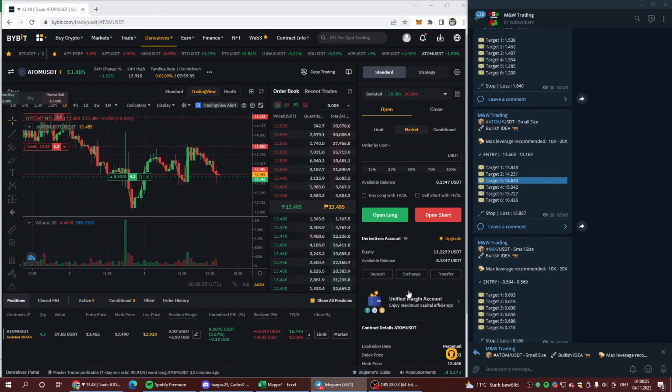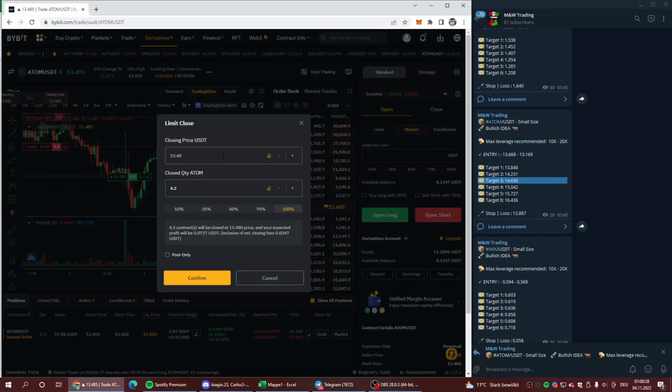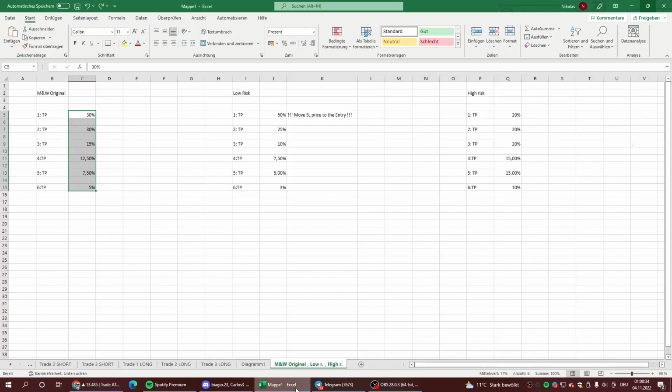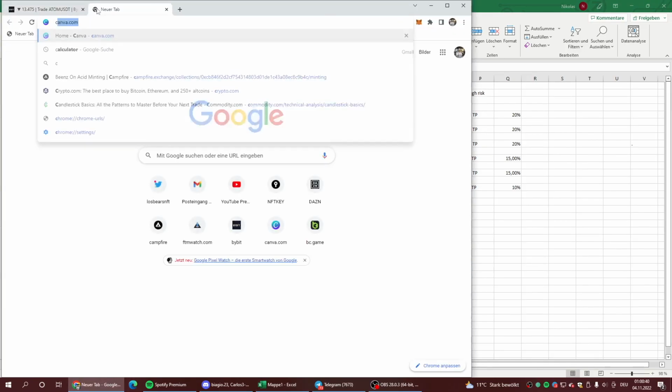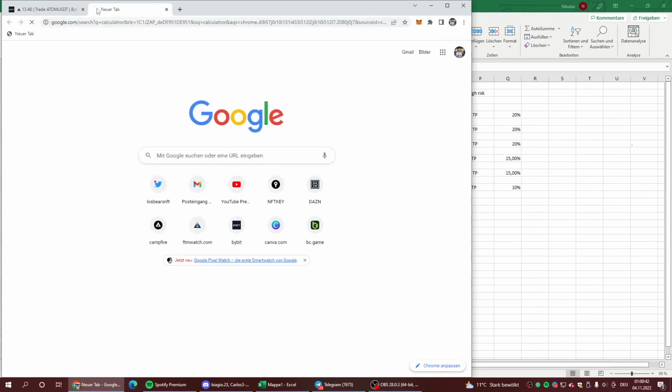Next target 14.63, and this time only 15% of our trade, so we use the calculator.